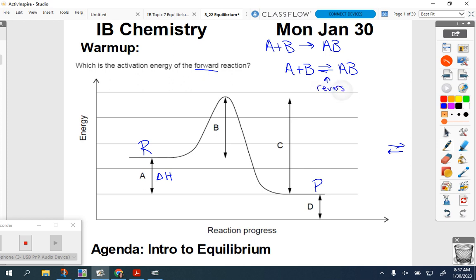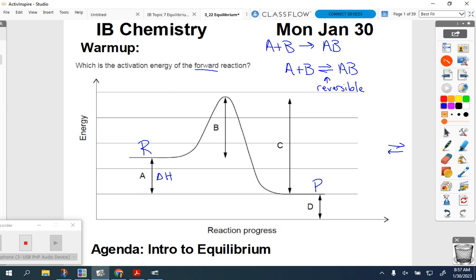That's the opposite of a forward reaction? No. That's the opposite of a one-directional reaction. So the double arrow tells us that this reaction can go in both directions. Substance AB can decompose to become A and B separately, or A and B can combine to synthesize substance AB.